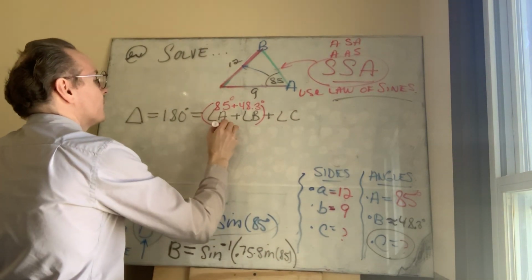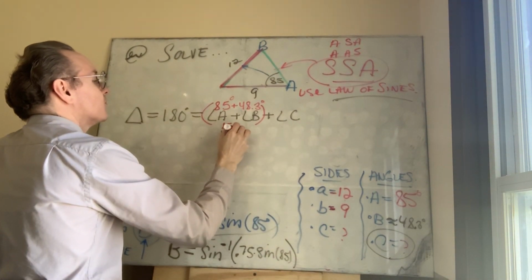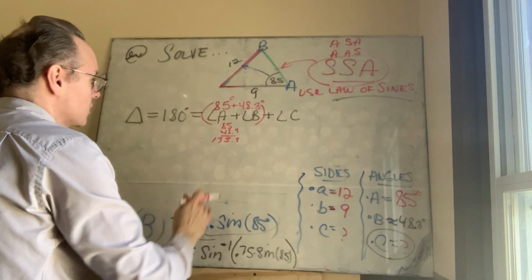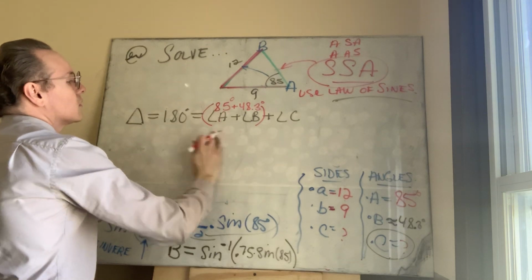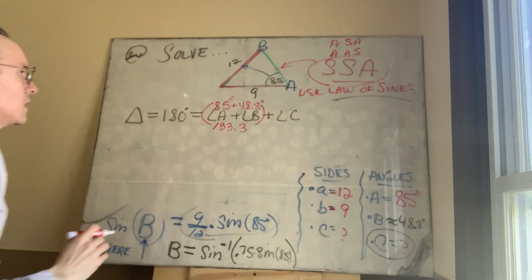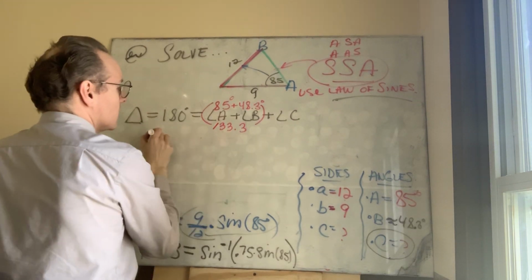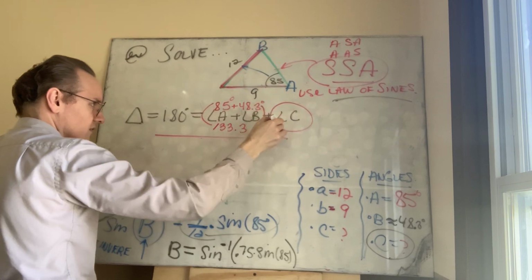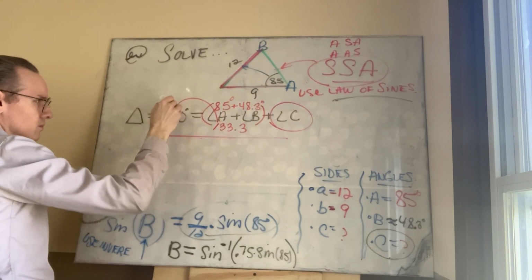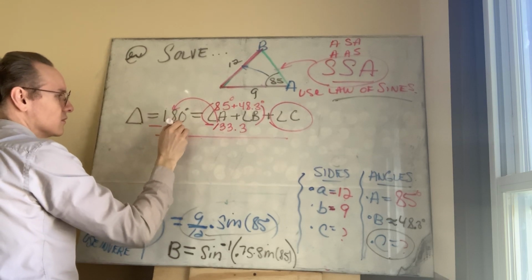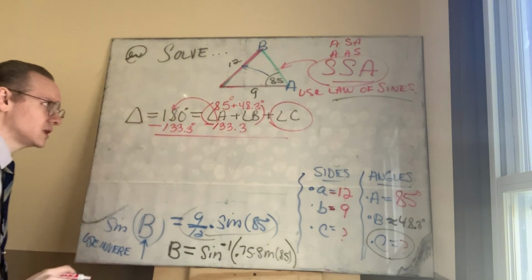And what is that? 85 and 48.3 is 133.3. And if I want to justify moving it for the sake of solving for angle C, I would have to do the opposite of adding, just subtracting 133.3 degrees.